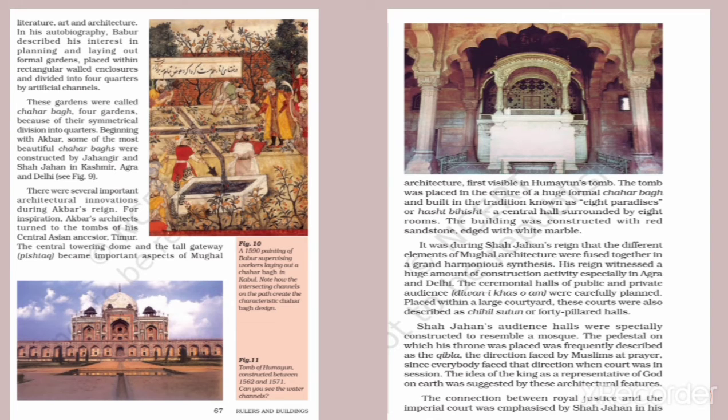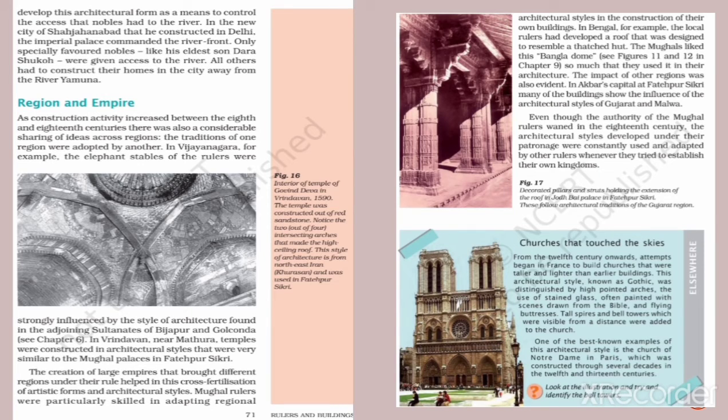Next, region and empire. Ideas and traditions began to be adopted by other regions. Temples in Vrindavan were very similar to Mughal palaces in Fatehpur Sikri. Different architectural styles like Gothic developed outside India.